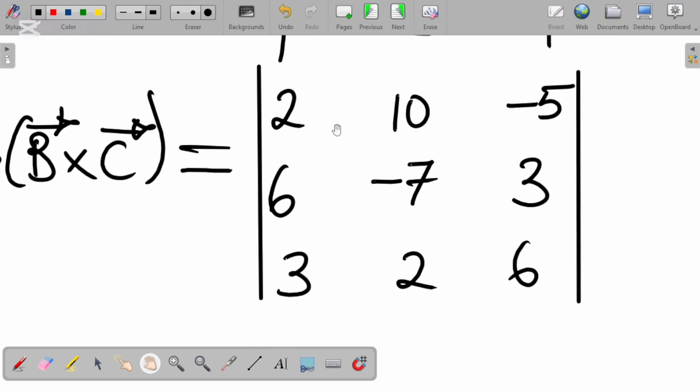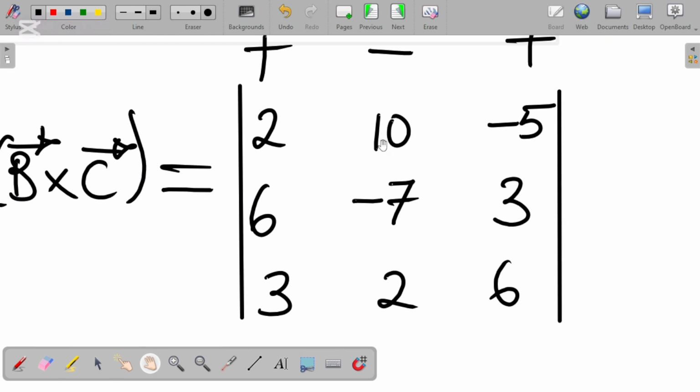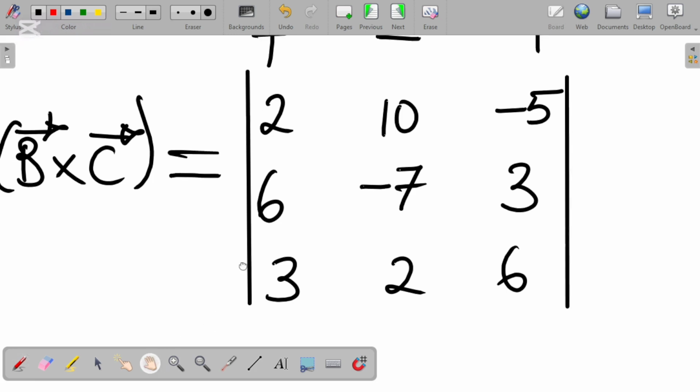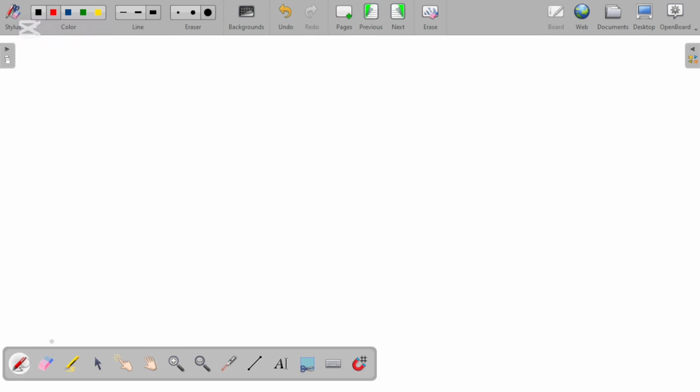In order to find the determinant of this 3 by 3 matrix, we are going to pick each number in the first row. So we are going to start with 2.